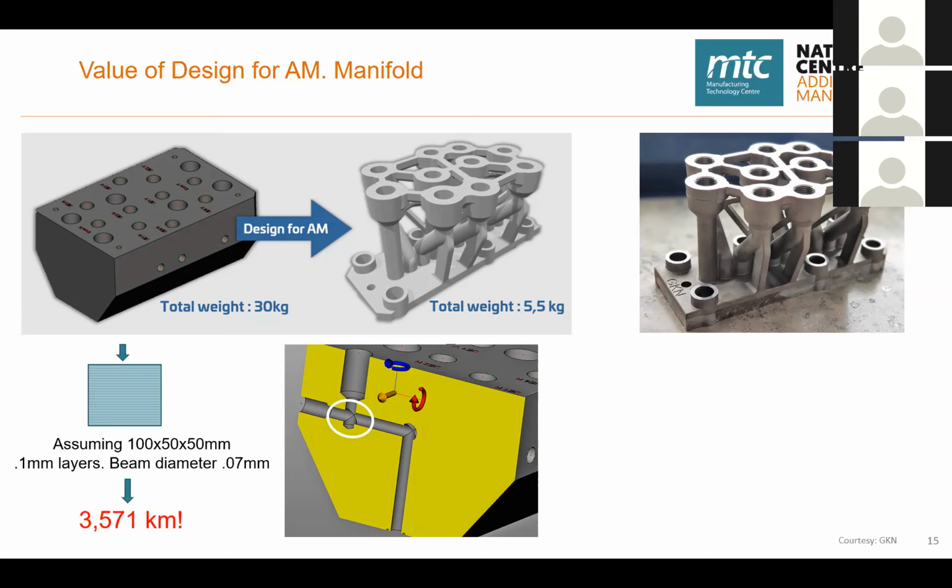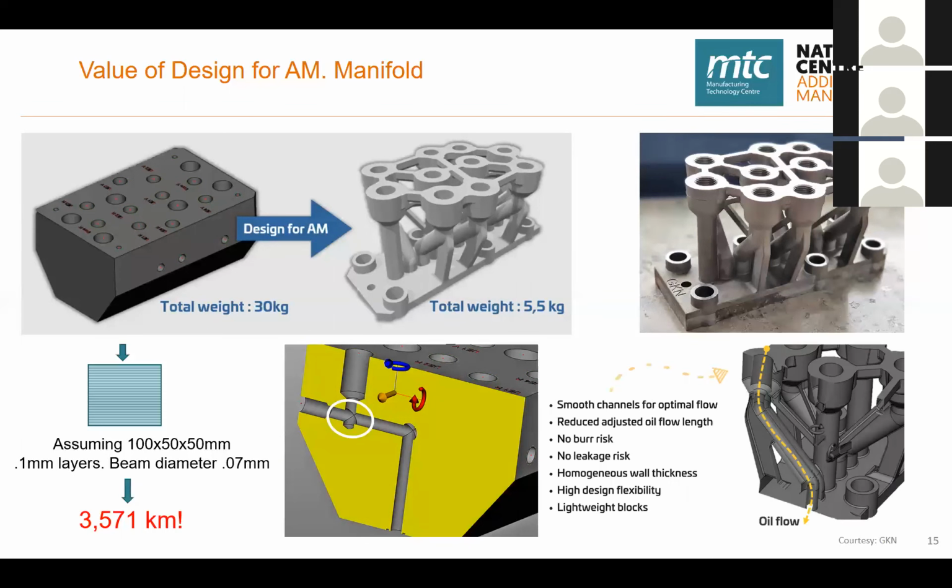What we can do with additive manufacturing, as we have more freedom, is optimize the flow of the channels, not just saving material, but using the geometrical freedom to improve the functionality of the component. So then we can create smooth channels, reduce the risk of leakage of the bores, and as well we have more design flexibility. We can even tailor each one of the manifolds to each customer, and it won't be a massive change in the process.